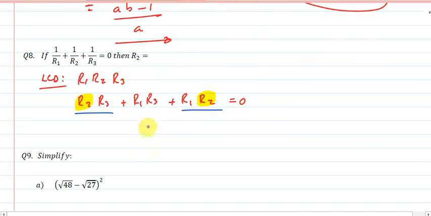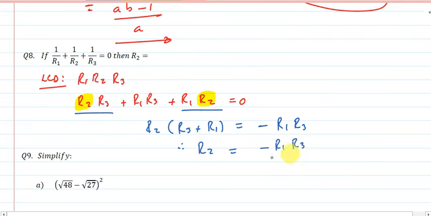So you're going to get r2 times r3 plus r1, which is equal to, take this over, negative r1 r3. Therefore, r2 is now equal to negative r1 r3 divided by r1 plus r3. And that's your final answer.